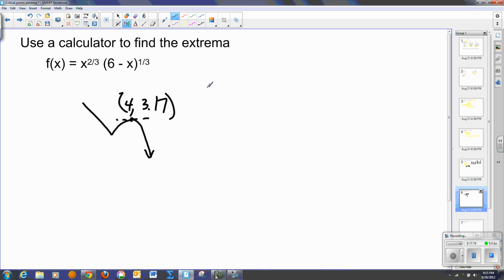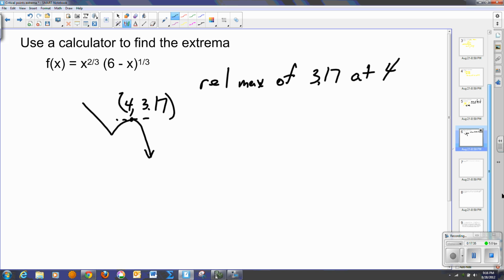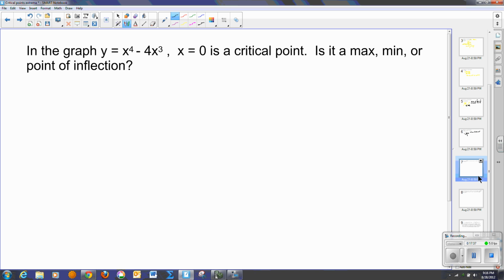This is a relative max of the y value, which is 3.17, at 4. Keep on moving.